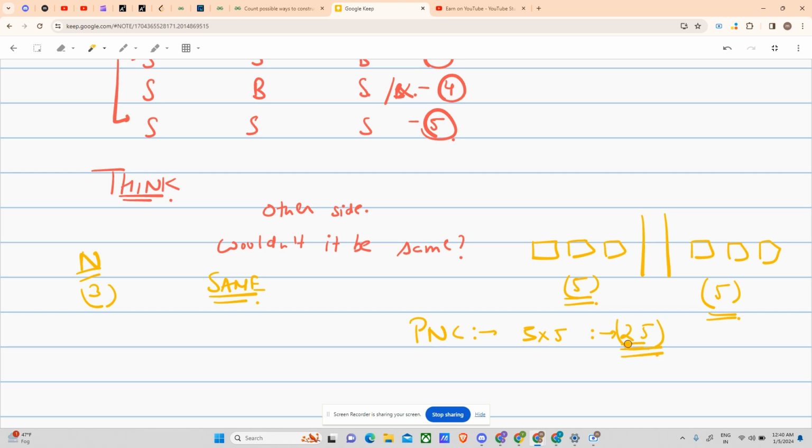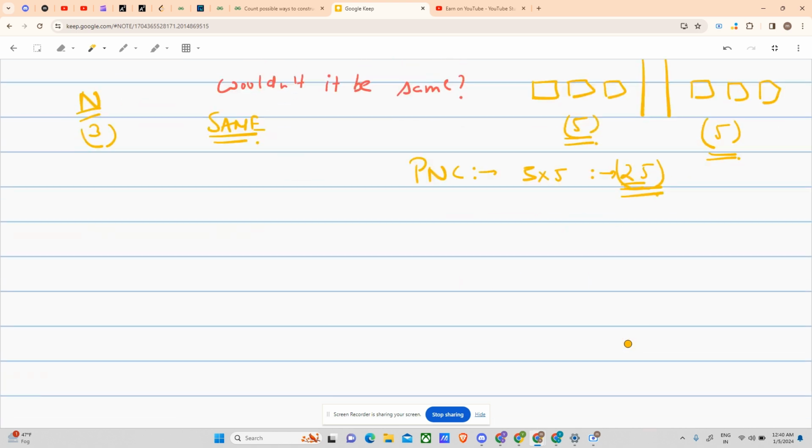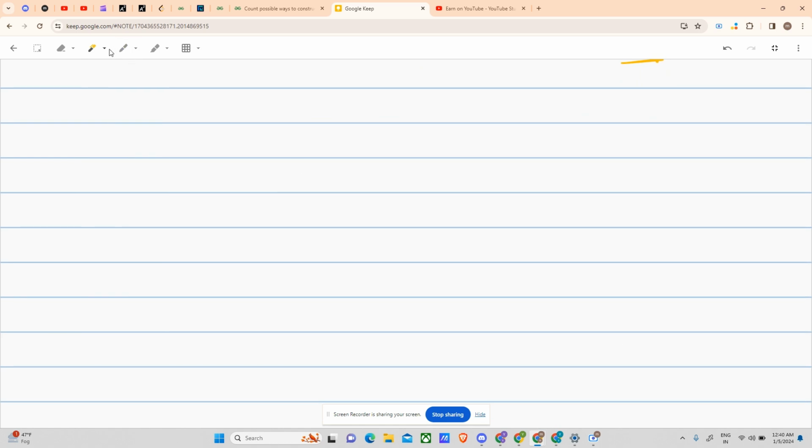How should you approach this problem? Let me say what we did in the approach I discussed above. We had three empty spaces, and we filled them with B and S, correct, with the condition that two B's cannot be together.